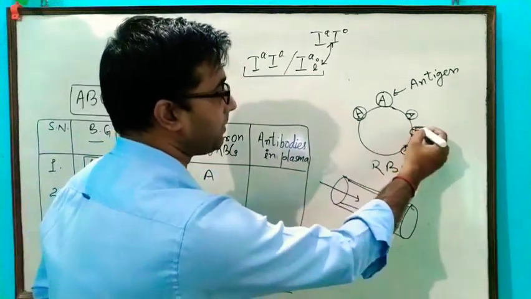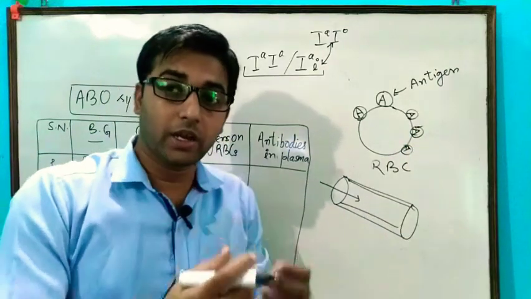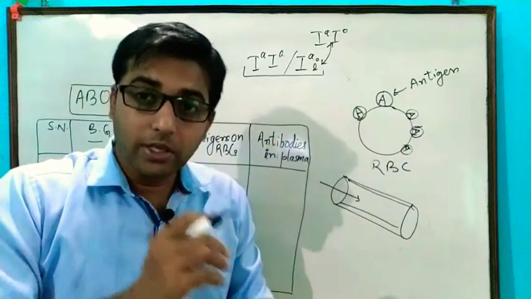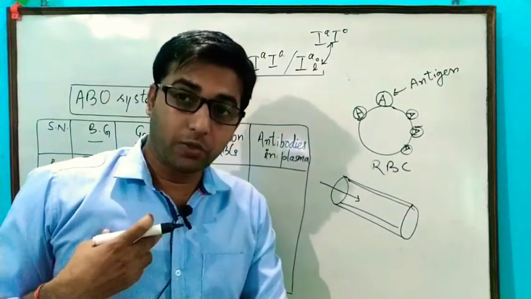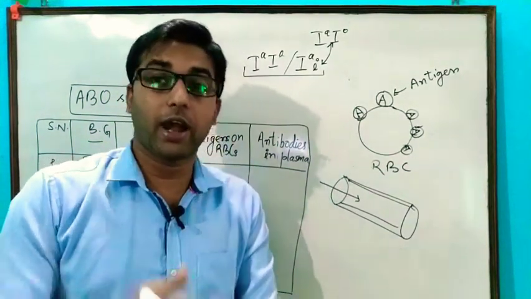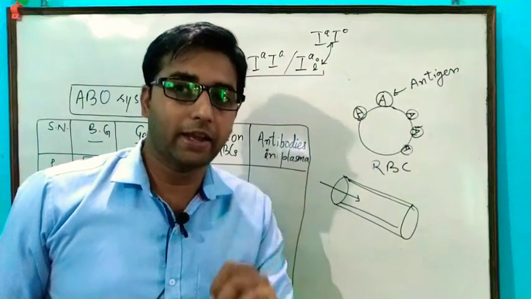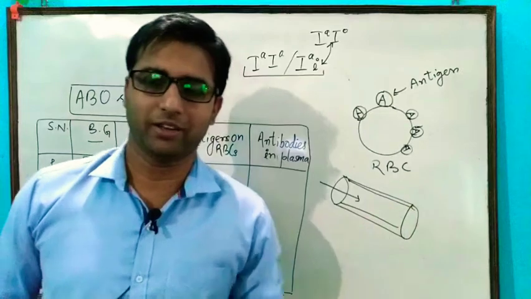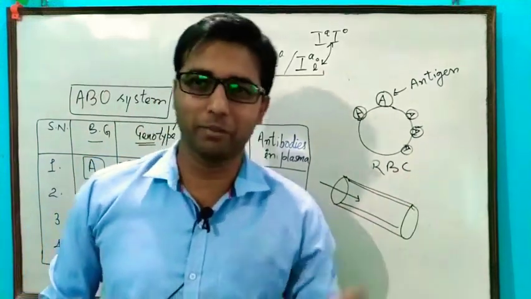It means my RBCs contain A antigen on their surface. Simply it means my plasma can identify the A antigen: oh okay, this is our housemate, this is our family member.